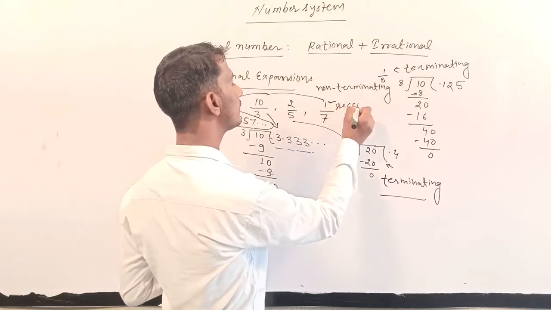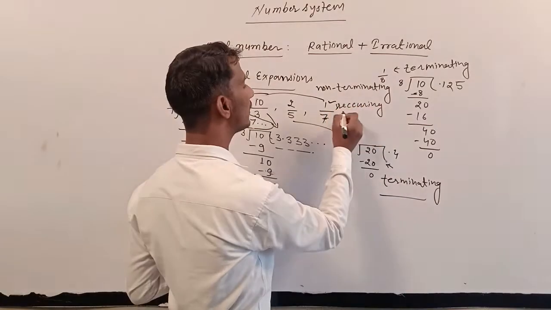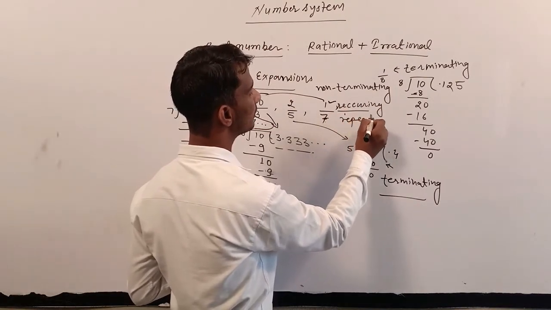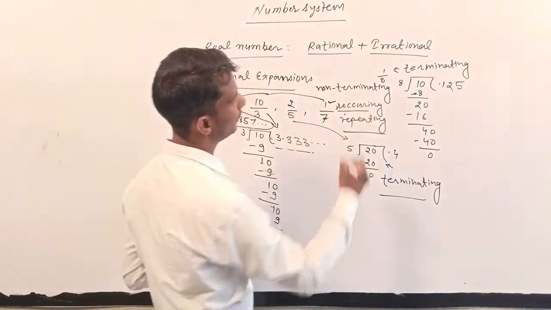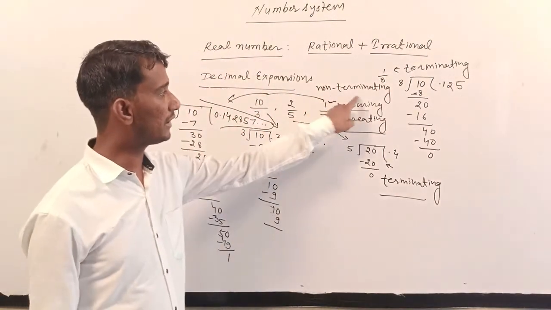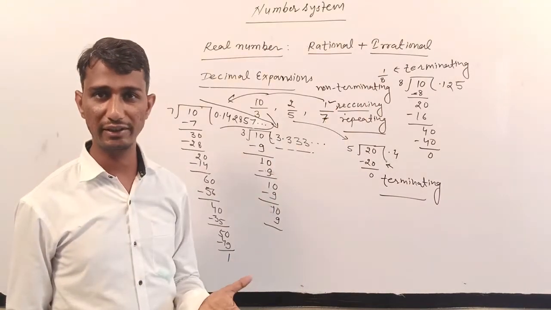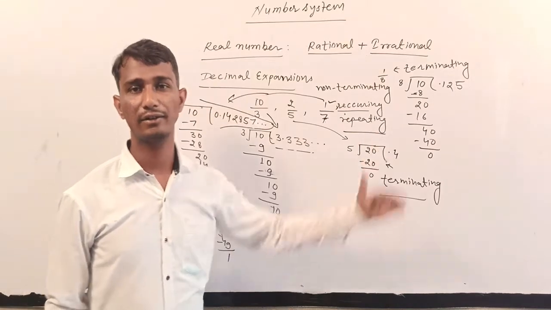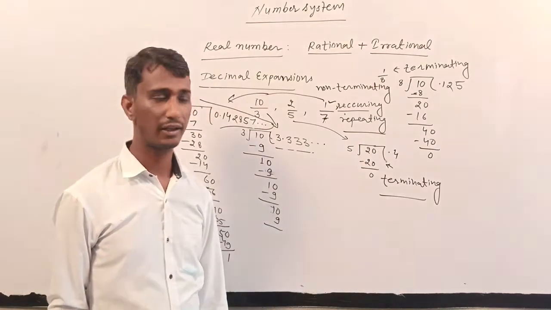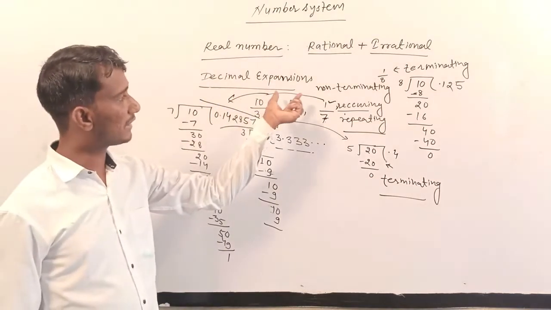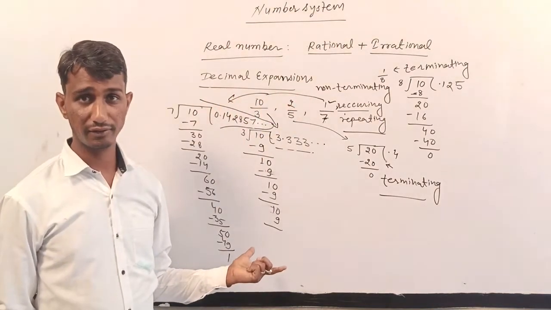You can replace the word recurring with repeating. Non-terminating means division is not completed and you will never get remainder 0, and recurring means digits are repeating. So these types of decimal expressions are given for rational numbers.